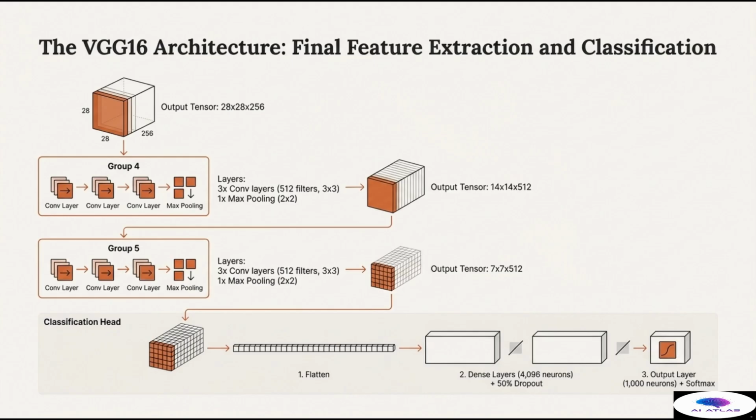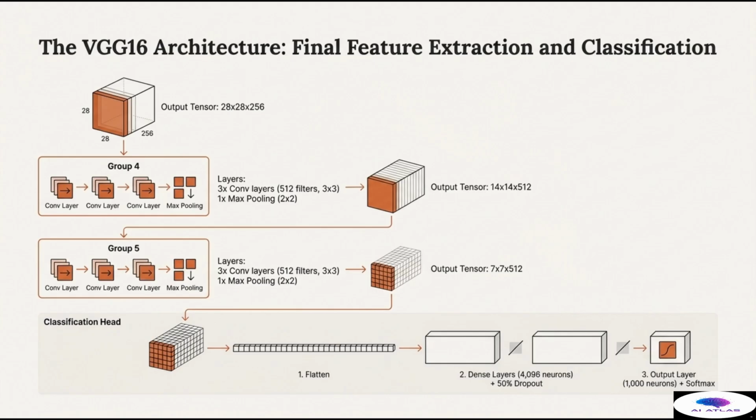Group 5 repeats this structure, maintaining 512 filters but pooling down to a final feature map size of 7 by 7 by 512. At this point, the output tensor, which is 7x7x512, contains 25,088 highly compressed, abstract features or learned patterns necessary for final classification.